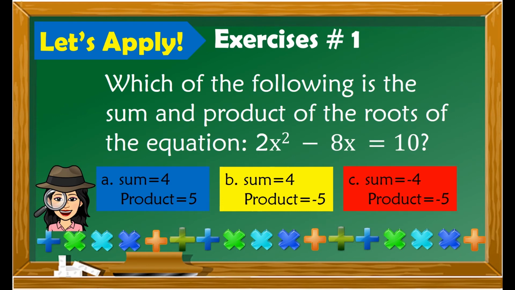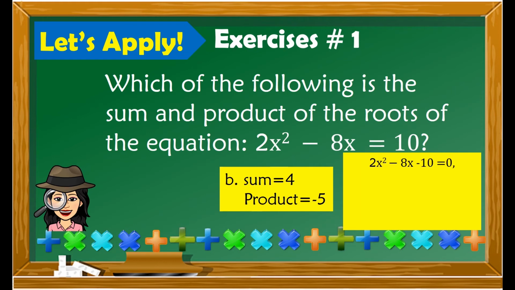Time is up. Okay, let's see what's your answer for the first exercise. So we have letter B. The sum is equal to 4 and the product of the roots is equal to negative 5. Let's see. Why is it our answer?